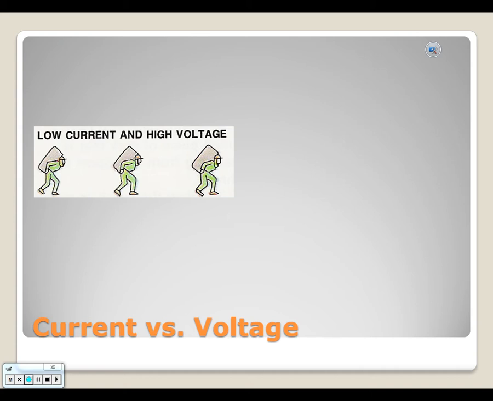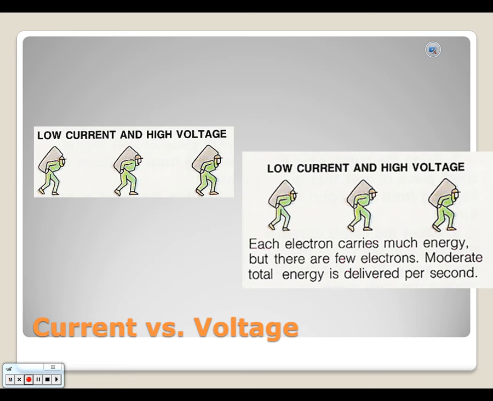Not necessarily. Because now it depends. This one, because it's small, doesn't let as many electrons flow through it. So yes, there's less charges, but it might be able to deliver just as much energy.